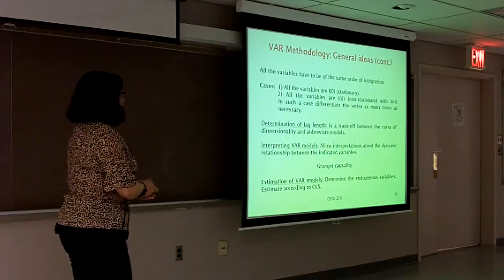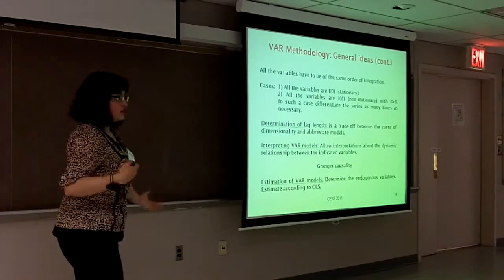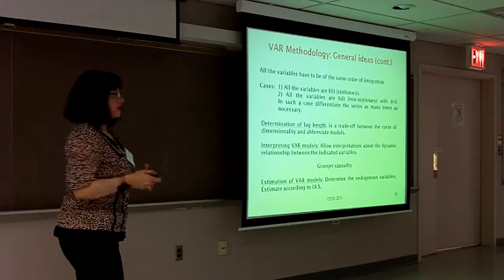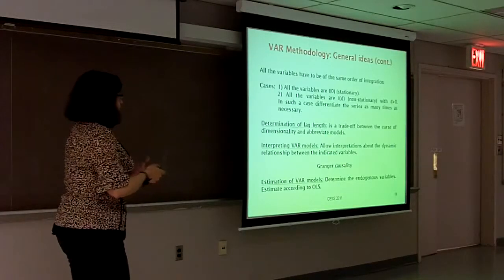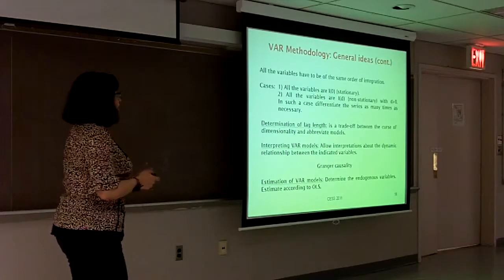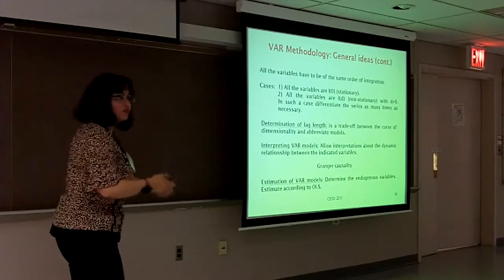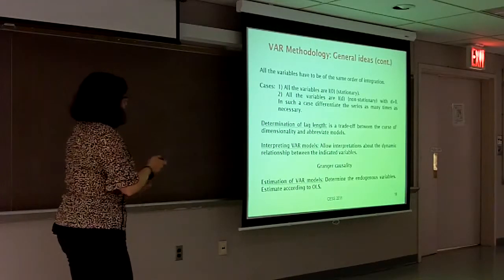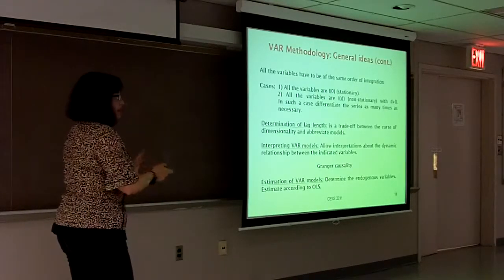And if you put a very large number, you are estimating a lot of parameters there, and probably you are adding information that you don't need. So this is a balance, so you need to check which works better for you.